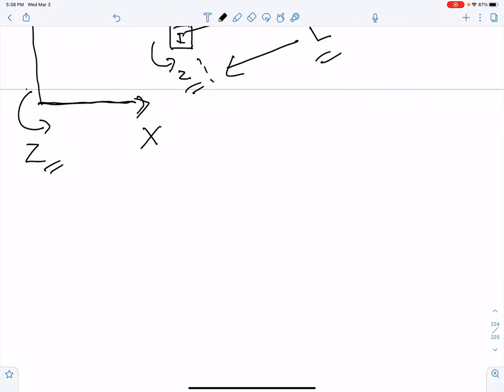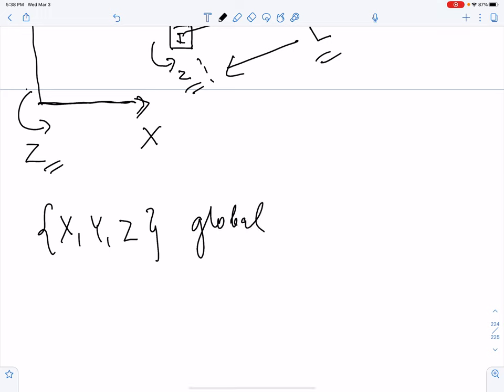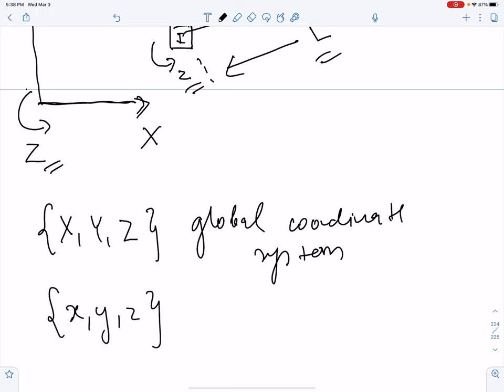So then, as before, x, y, and now z becomes the global coordinate system. And little x, little y, and little z becomes the element local coordinate system.